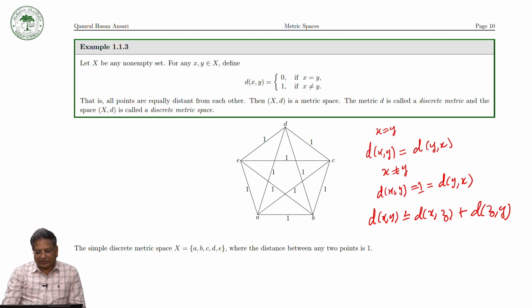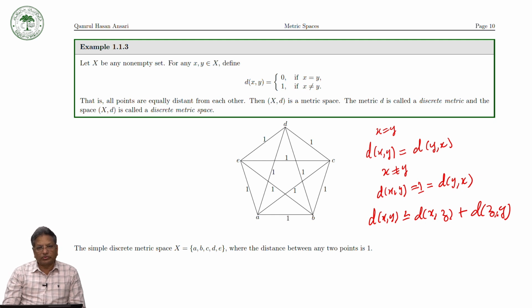If x and y are equal, then this is equal to 0. Then you have to think whether x is equal to z or not. If x is equal to z, then this is equal to 0, otherwise it is 1.